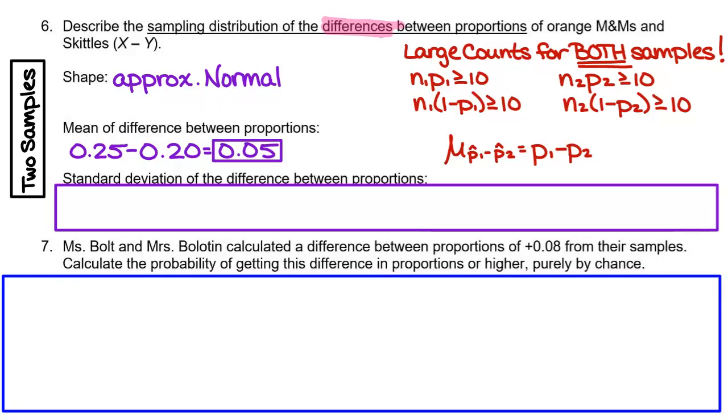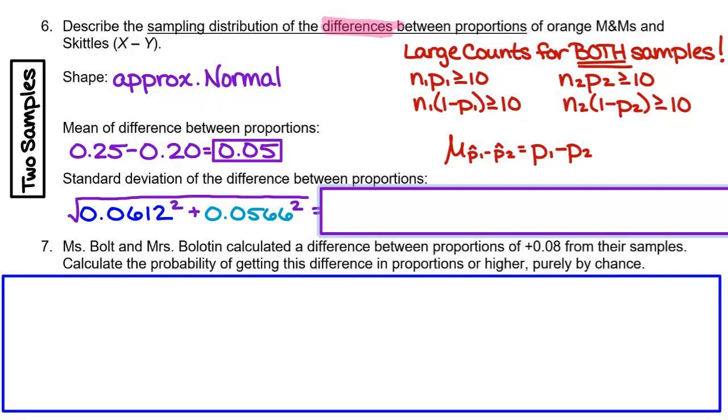How would we find the standard deviation for the difference of the two sample proportions? The square root of the standard deviation of M&M squared plus the standard deviation of Skittles squared. There we go. Remember, we never minus with standard deviations, we plus.